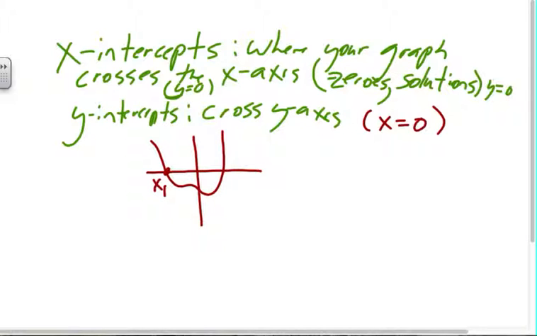That's my first x-intercept. And there's my second x-intercept. And you will notice that at the x-axis, the y value is equal to 0. We have 1 y-intercept. It's right there. And if you take a look, it lies on the y-axis, which is where x equals 0. And that's why you set these things equal to 0. And you're going to be finding x and y intercepts.